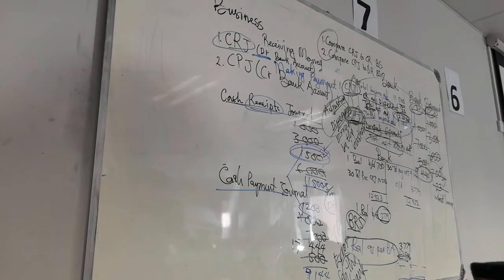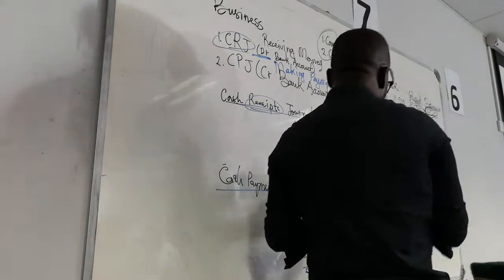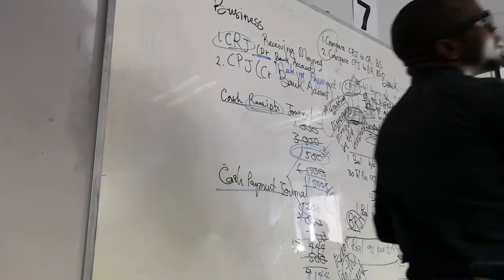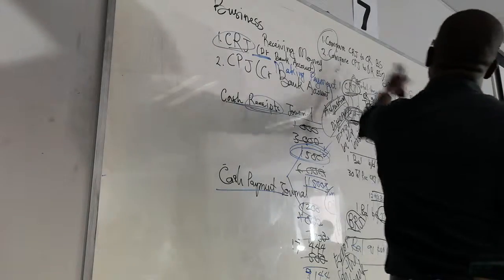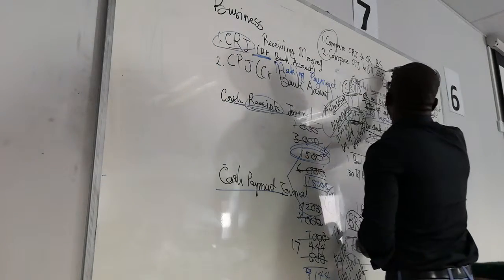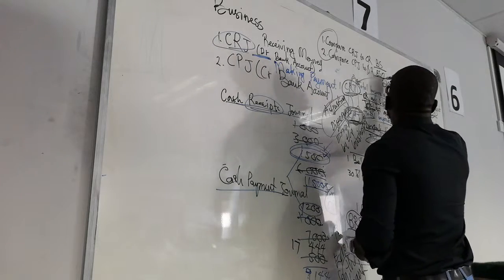So at the end of the day, you were able to do the bank reconciliation process. It's a process. Number one, compare CRJ to the credit side of the bank statement. Number two, compare CPJ to the debit side of the bank statement.